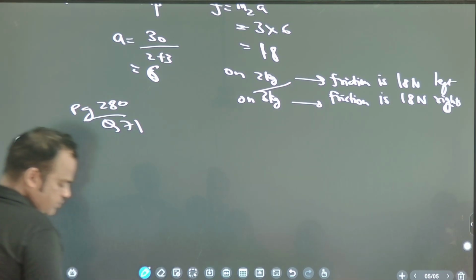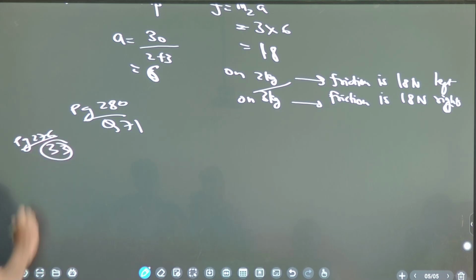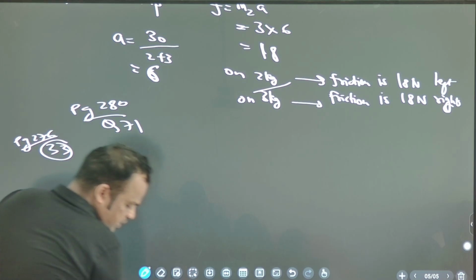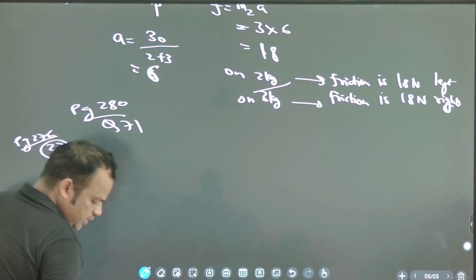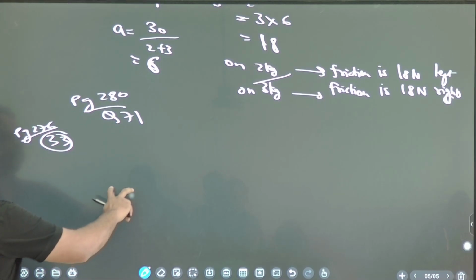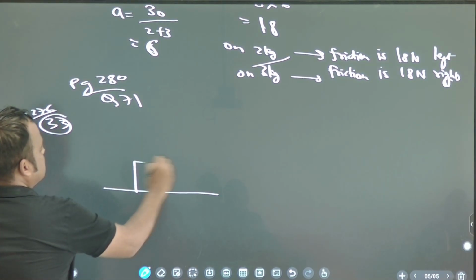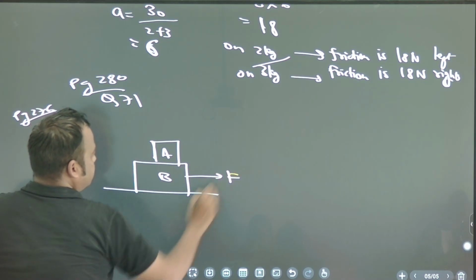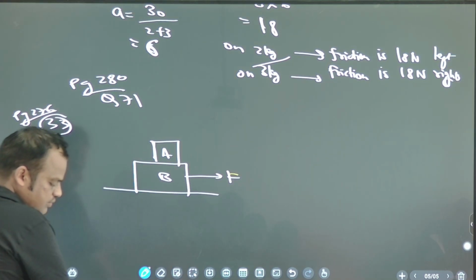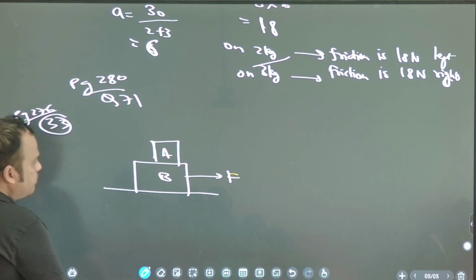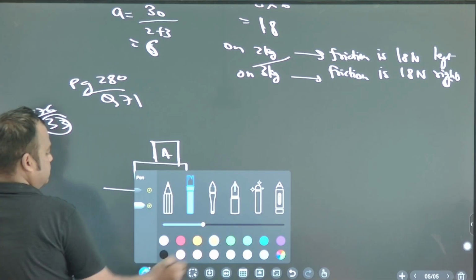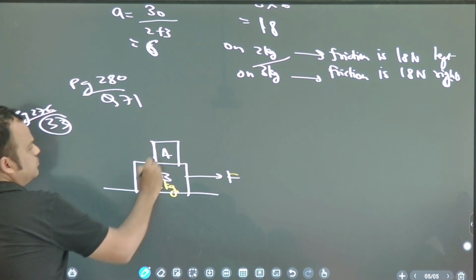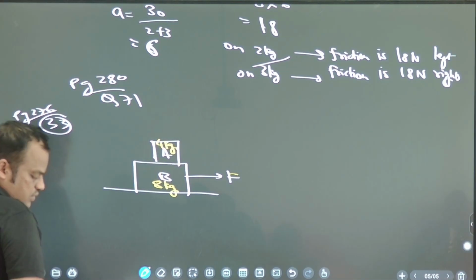So, solve this first. Page 276, question 33. Block 4 kg. This is B, this is A. This is F. What is the mass of B? Tell me what is mass of B? 8 kg. A is 4 kg.